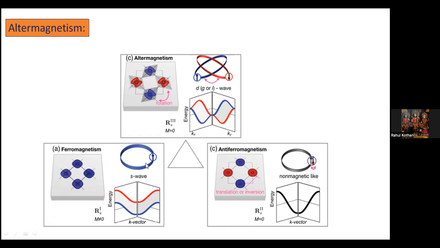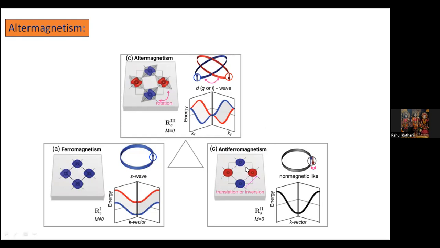How the s-wave, this is the ferromagnetic spin, and you can clearly see this spin arrangement can break the time reversal symmetry because it has non-zero net magnetization, which is represented here. Okay, non-zero magnetization, and this is the spin group symmetry representation of this ferromagnetic material. That means this has a real space spin arrangement as well as momentum. This E(k) is the momentum space electronic band structure, right? And this is your real spin structure as well.